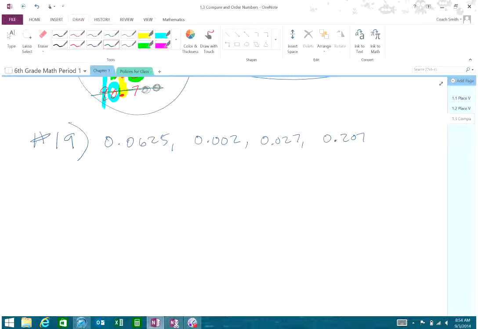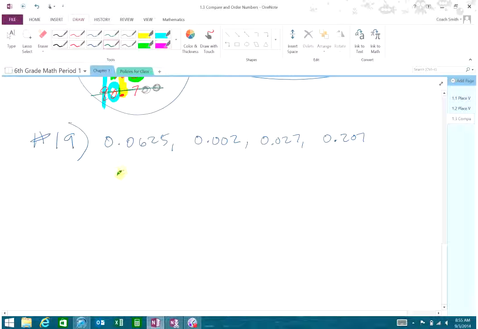All right, let's look at this one. There's your original problem: 0.0625, 0.002, 0.027, and 0.207. As we put them vertically, I'm not going to include the first 0 in front of the decimal.